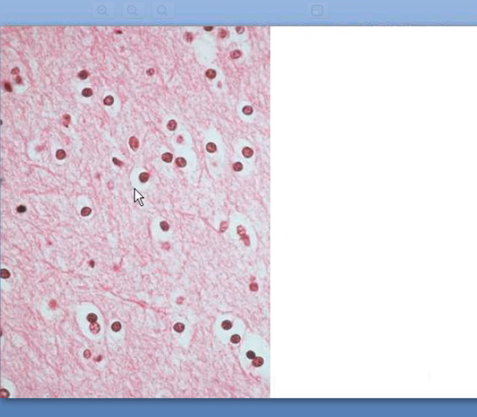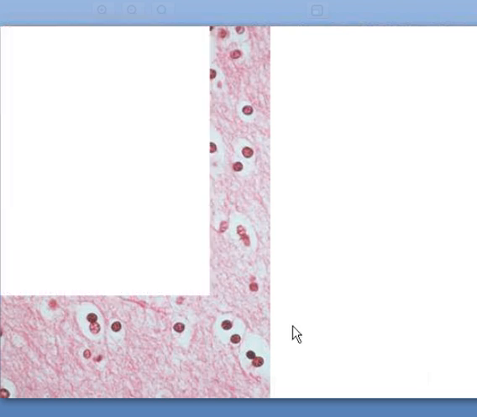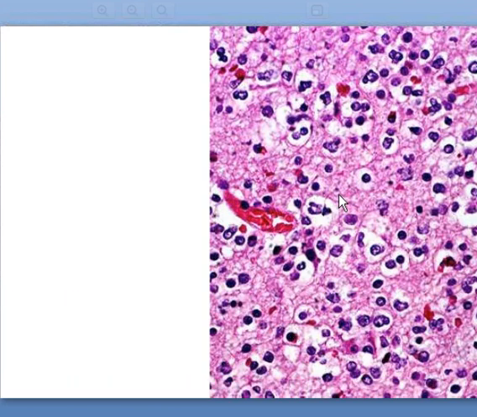Now, here's the second question. Let's say I told you that this was a tumor of certain kinds of glial cells. Do you think that the glial cells that are giving rise to this tumor are also oligodendrocytes, because they look like oligodendrocytes, only there's a lot more of them and they're a little bit pleomorphic?